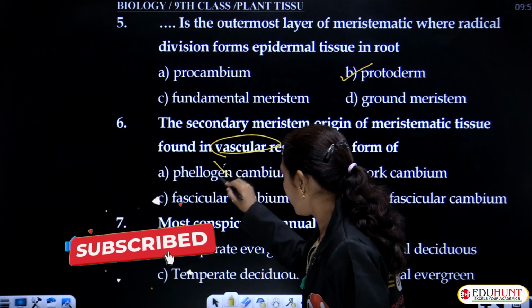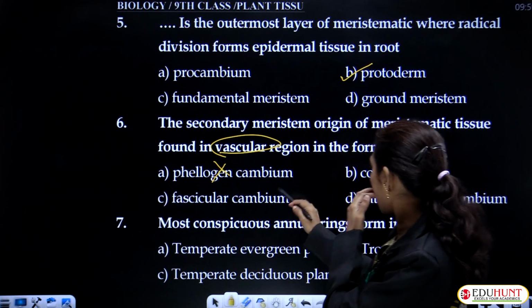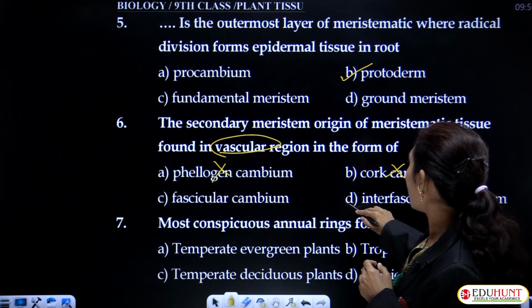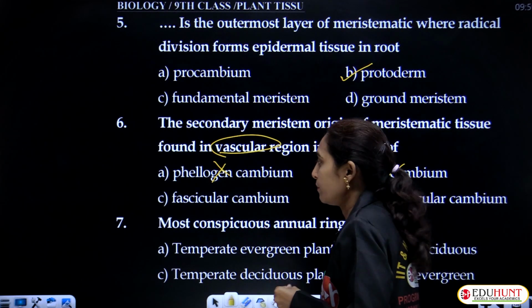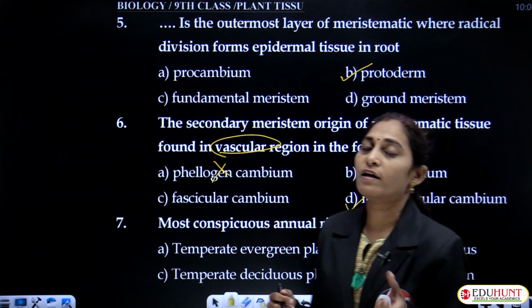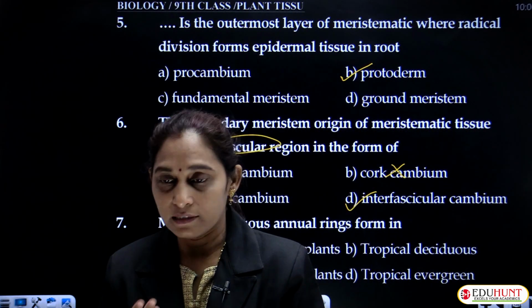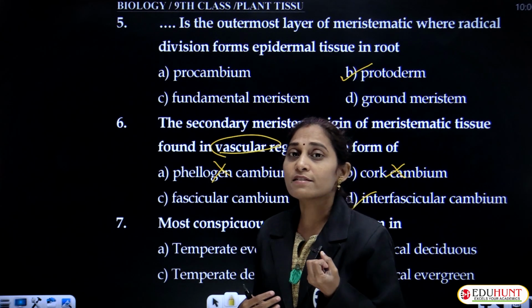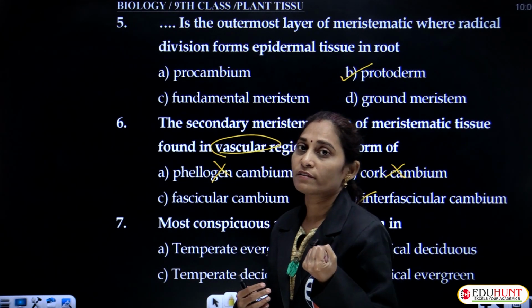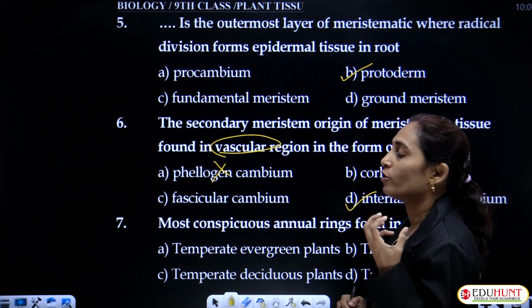Cork and all these are outside the vascular region. It is the interfascicular cambium, between the cambia. The permanent tissue once again undergoes differentiation and regains the property of division, it de-differentiates. That is the interfascicular cambium.